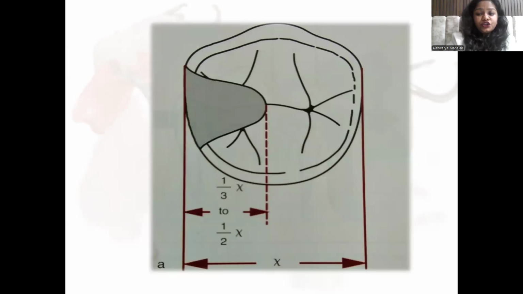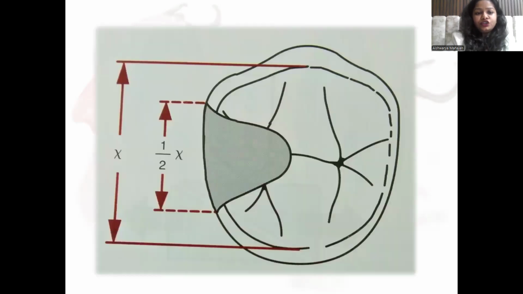The occlusal rest should occupy 1/3 the mesiodistal diameter of the abutment, and it should occupy 1/2 the buccolingual width of the tooth from the cusp tip to cusp tip. The notable part is it is not from the highest point of contour but from the cusp tip to cusp tip.